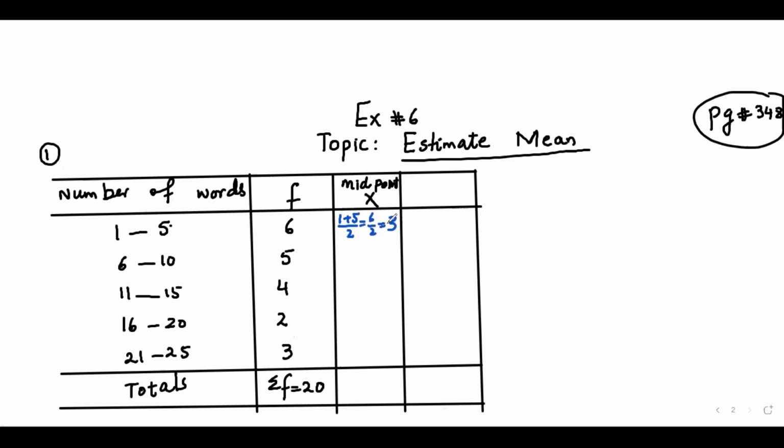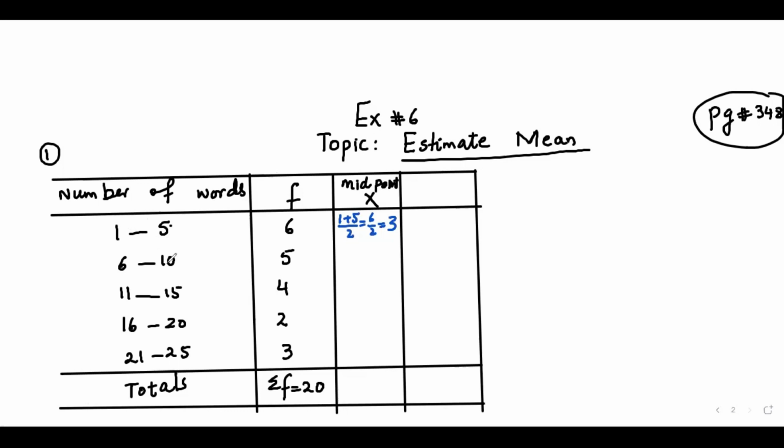So the midpoint is 3 over here. Same for the others. Whenever your data is given in this form, with classes and lower and upper boundaries, it means there is a range of values given to you. So you have to take the midpoint before finding the mean.